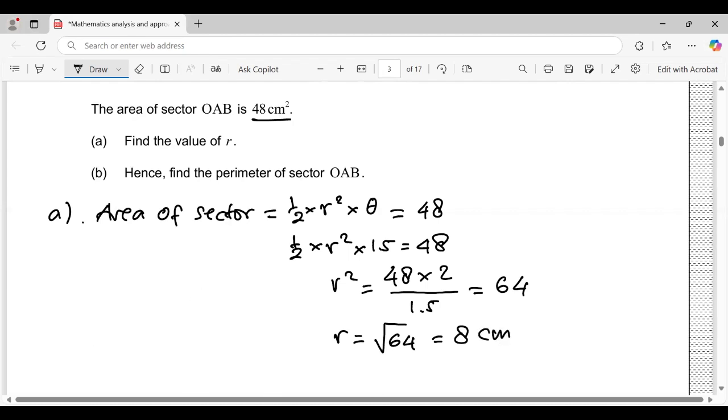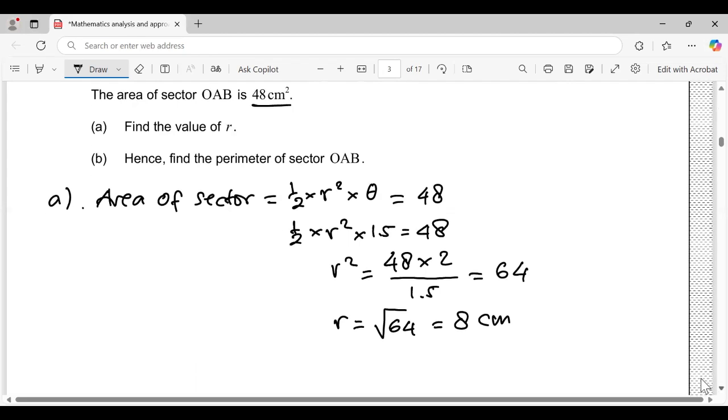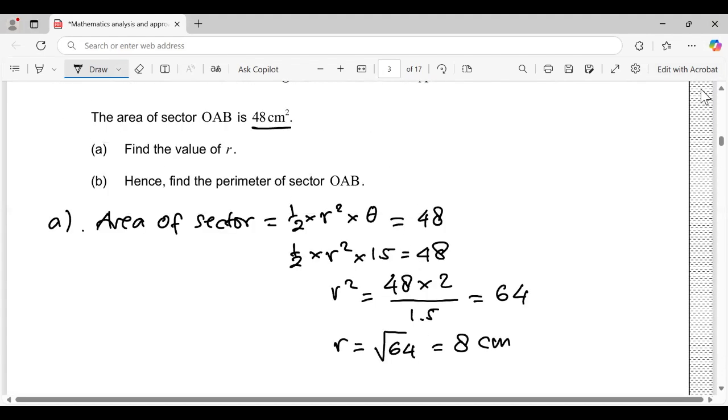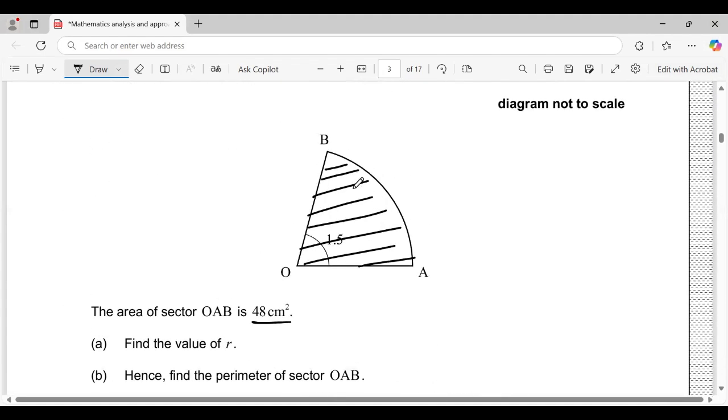Next, B. B is the perimeter. So we need to find the arc length BA, or AB.